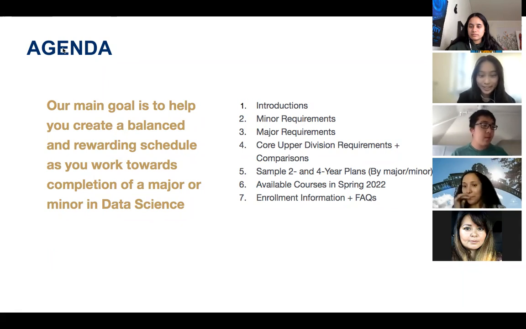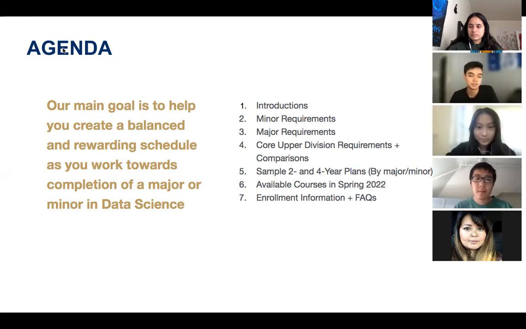I'm a 2nd year studying econ and psych, minoring in data science, and this is my 1st semester being a peer advisor and just really excited for this. Hi, everyone. My name is Oscar. I'm currently a 3rd year data science major with the cognition emphasis. I'm just excited to be here and try to help as many people as we can.